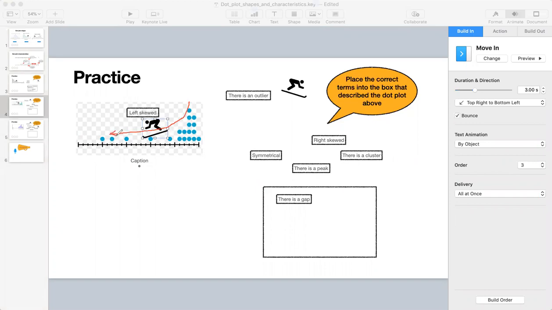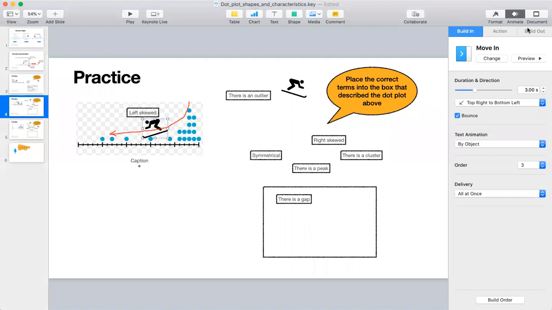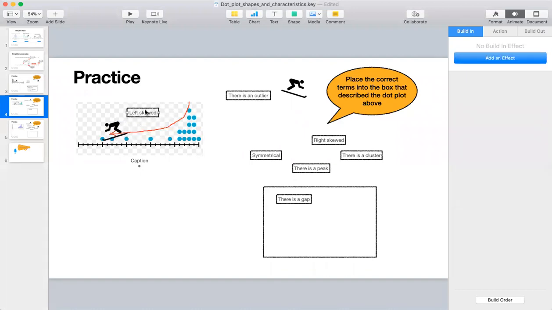So it's left skew. Or you can click on the image right here and review, skewing to the left. So it is left skew. So no right skew, no symmetrical.